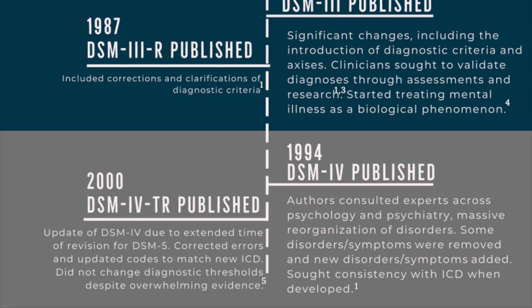And again, we're looking for more consistency with the ICD. It'll make it easier for people who use the ICD to have the same codes as people using the DSM. This has to do with insurance mostly. Researchers usually don't refer to the codes, but insurance matters. People need to have their care covered.